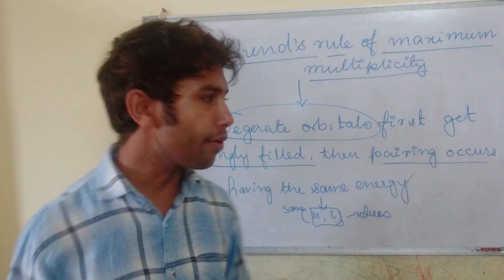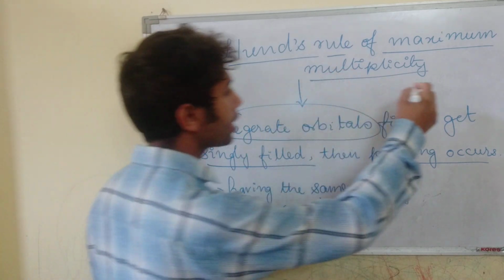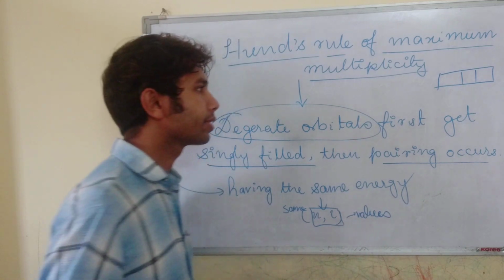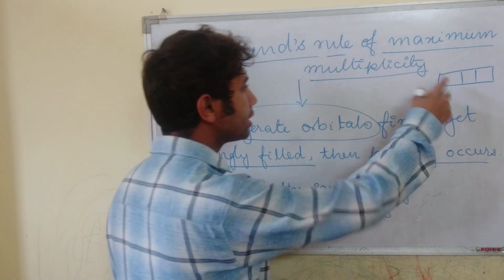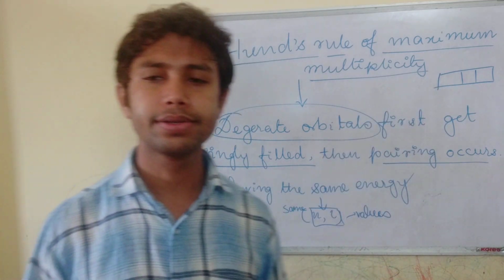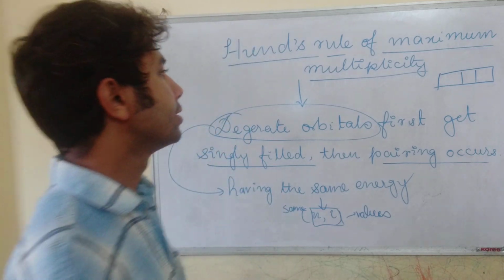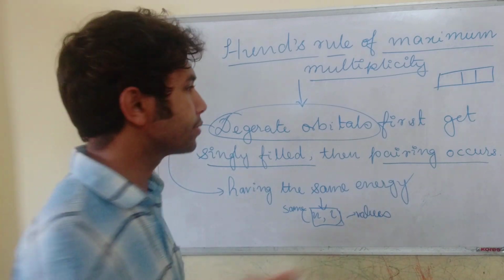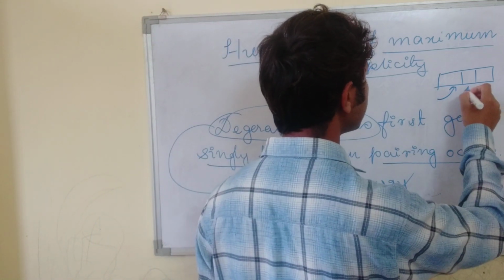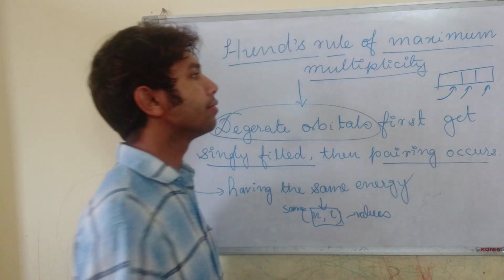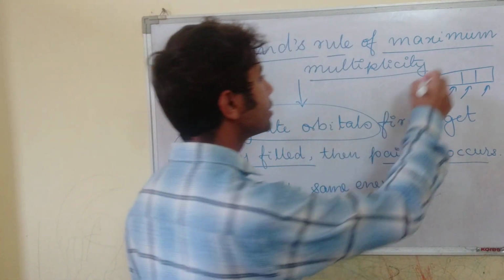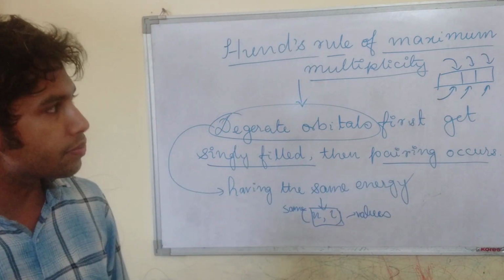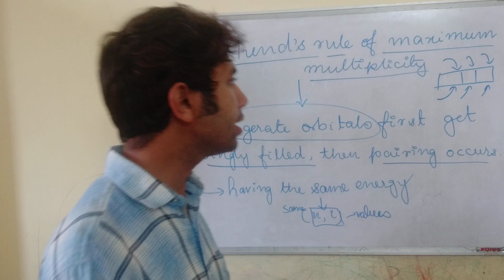That means when you go to fill up the orbitals of an atom, if the orbitals have the same energy, then we have to fill each orbital first with one electron, then we move to the second electron, that is, we pair up the orbitals with the electrons.